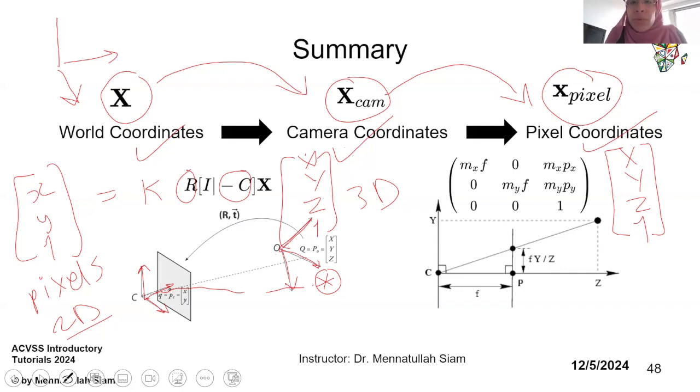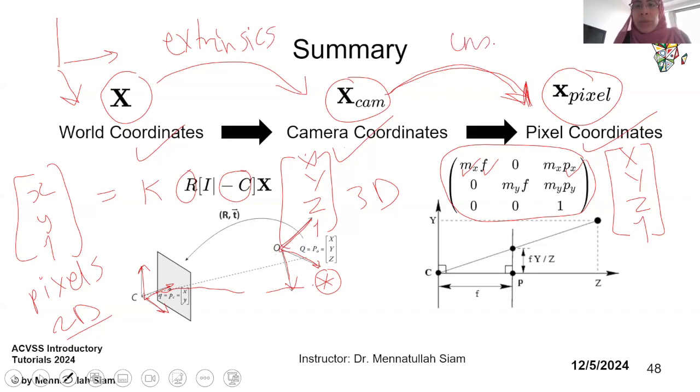Now, when I go from the camera coordinates to the pixel coordinates, I'm using this full 3x3 matrix, including the focal length, principal point, and the number of pixels per millimeter, which is tied to the CCD sensor itself as a property. These are intrinsics. So here camera extrinsics are being used, and here camera intrinsics are being used.